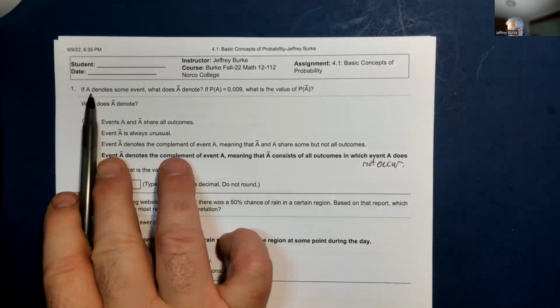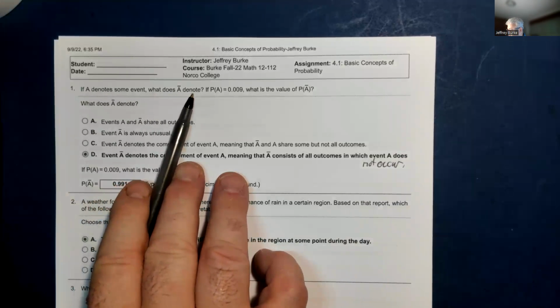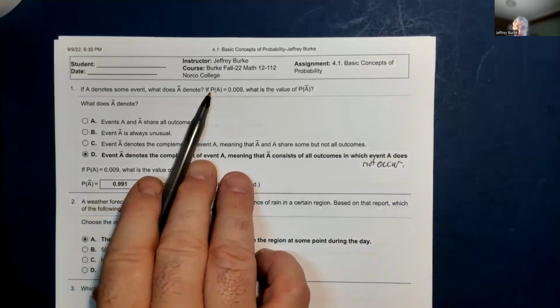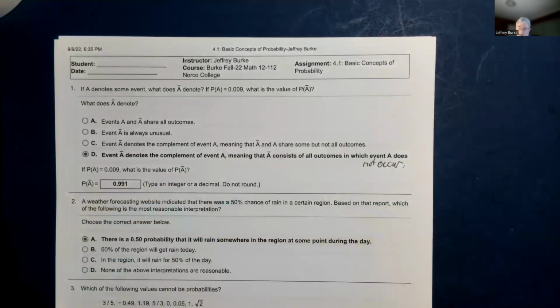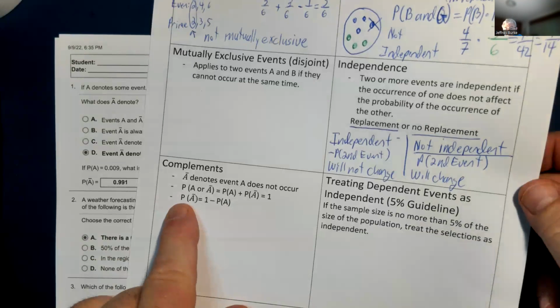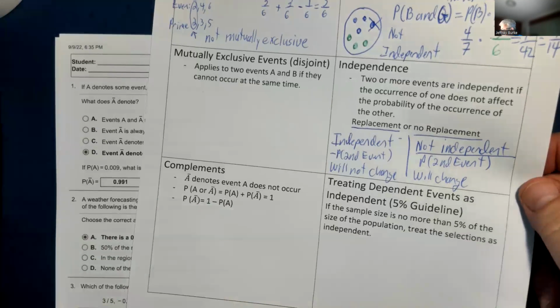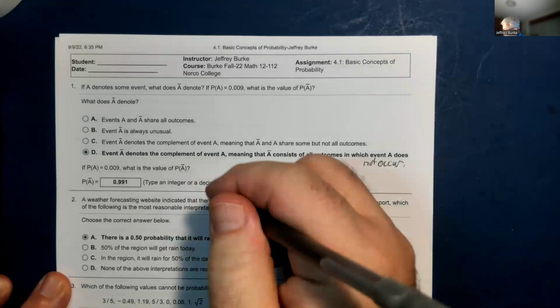Now it says here in the beginning, if A denotes some event, what does A not denote? The event that event A does not occur. If the probability of A is 0.009, what's the probability of not A? Okay, so that's the event we're talking about here. We mentioned that these have to add to 1. And it mentions that the probability of not A is equal to 1 minus the probability of A. So we're going to use that here to calculate it.